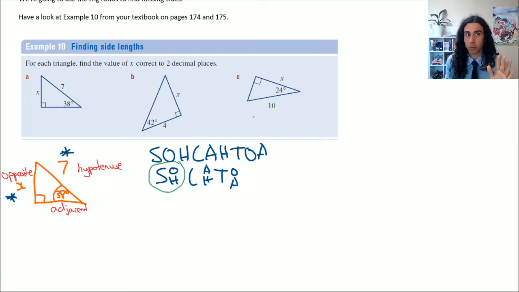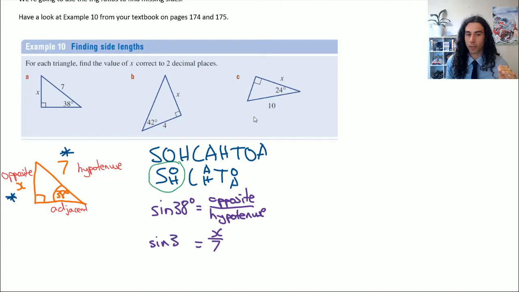So therefore, I'm going to write sine of 38 degrees is equal to the opposite over the hypotenuse. The opposite is x, and the hypotenuse is 7. So this is substituting. Sine 38 is x on 7.